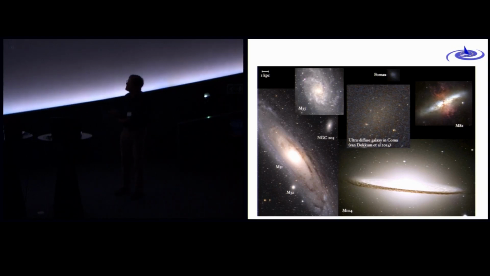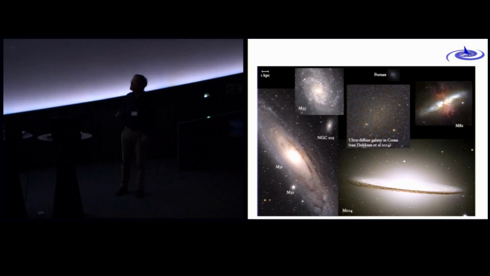What is interesting about ultra-diffuse galaxies is that we are discovering more and more, and that we're discovering that the universe consists of many more objects than we thought. And of course, this is exciting, and that's why at the moment it's a kind of bandwagon, and many people work on it.